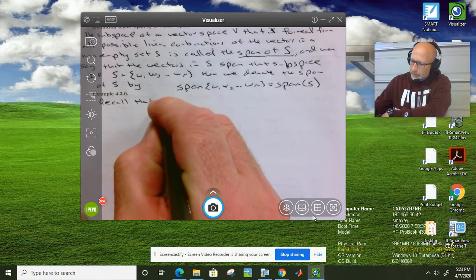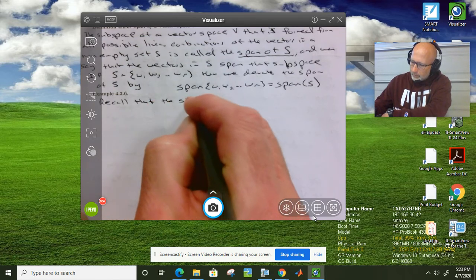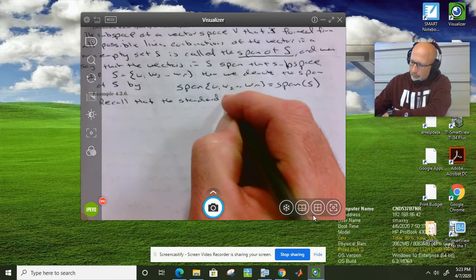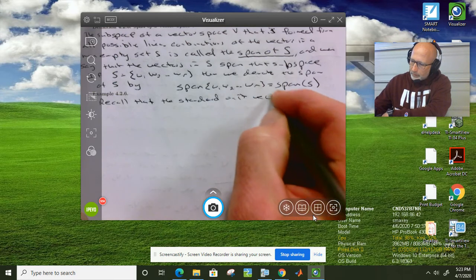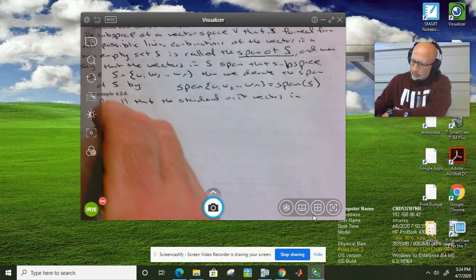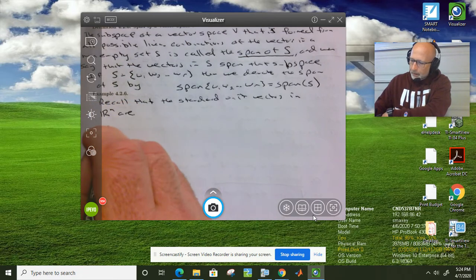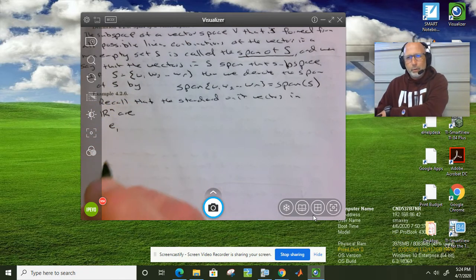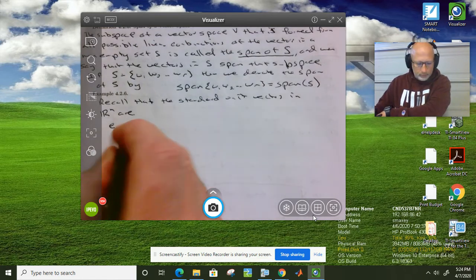We're going to recall that the standard unit vectors in Rn are, and remember we called them e, because once we went past 3 it was no longer i, j, k. When we went to the 4th dimension, we just start using these e's.